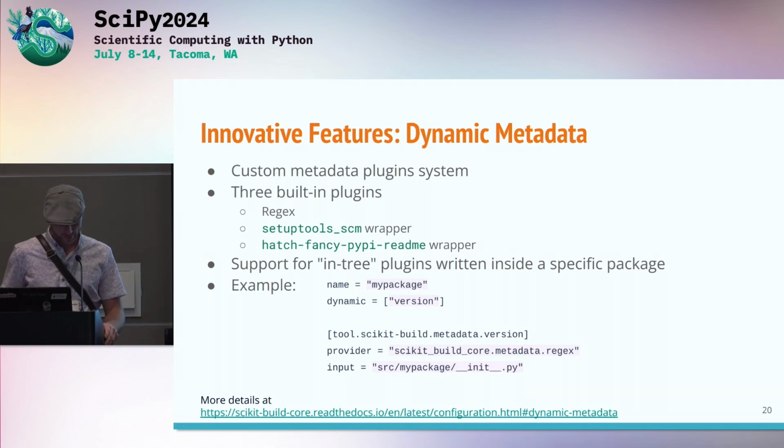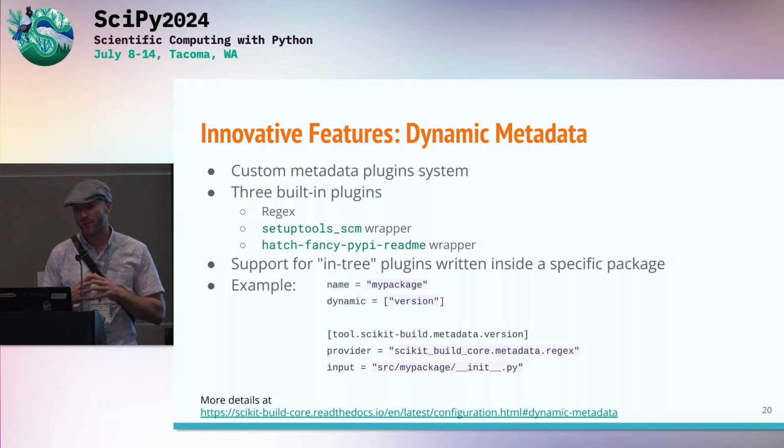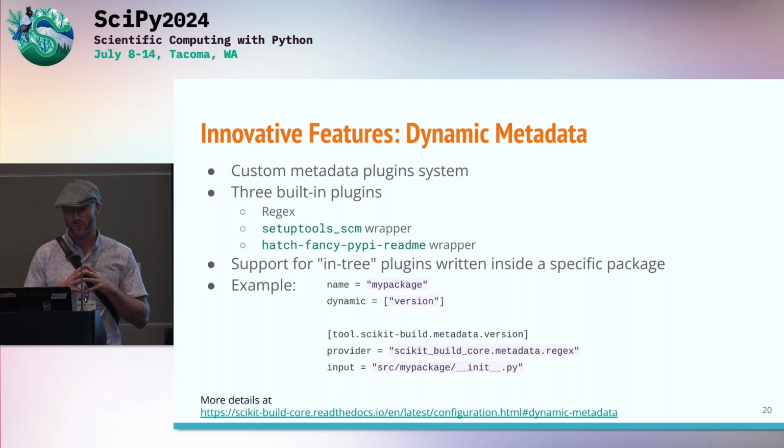Another interesting feature is dynamic metadata. That allows us to dynamically set the version, the build dependency, or any of the metadata in your project with a system of plugins.